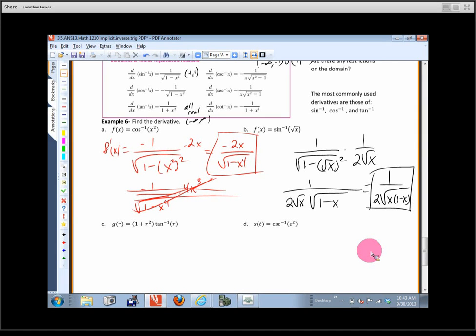Hey, you might want to consider the domain restrictions on each one of these because they'll probably ask for that. So you'll remember that whatever we have here has to be less than 1. So when is x squared less than 1? Think about what we do here. We take the square root of both sides, if you wanted to think of it that way, or you could graph a parabola and figure it out that way.